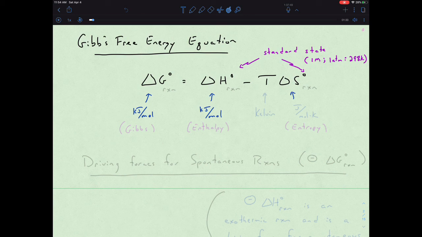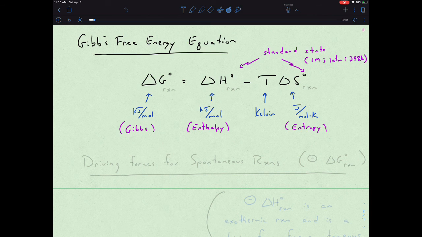Our entropy is in joules per mole Kelvin, which then means our temperature must be in Kelvin. So we have our Gibbs, we have our enthalpy, we have our temperature, and we have our entropy.